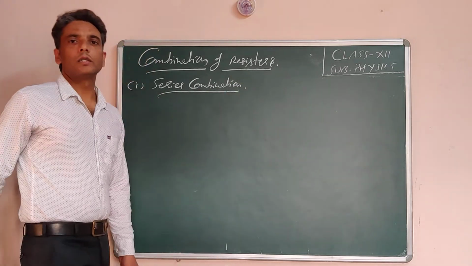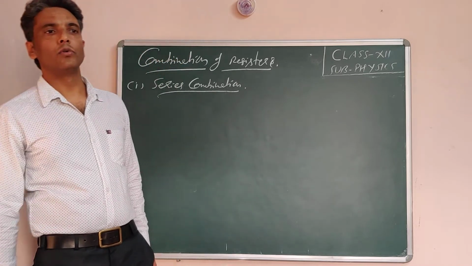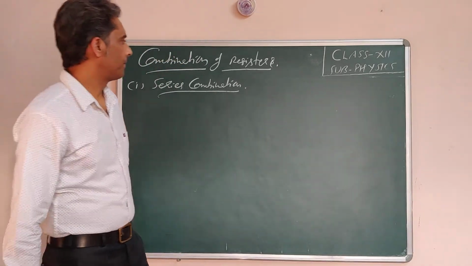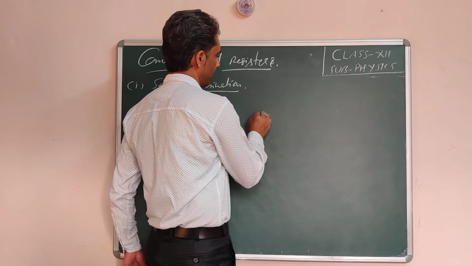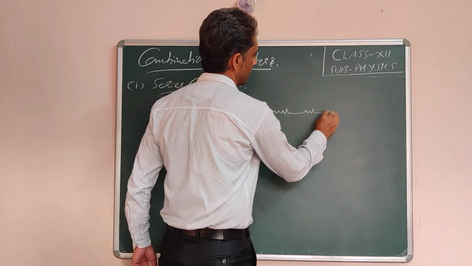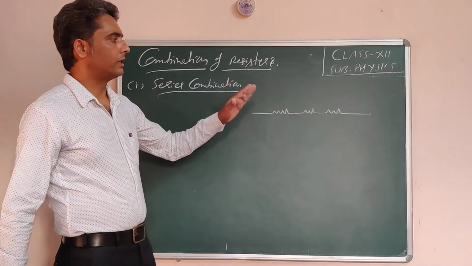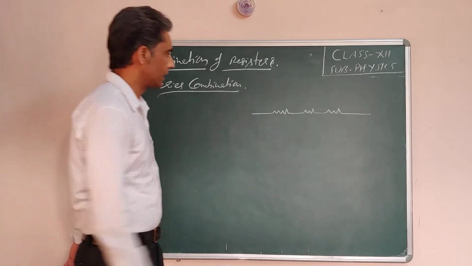Resistors are said to be connected in series if the same current flows through all of them. For example, if resistors are connected like this, and so on, we say that these resistors are connected in series.